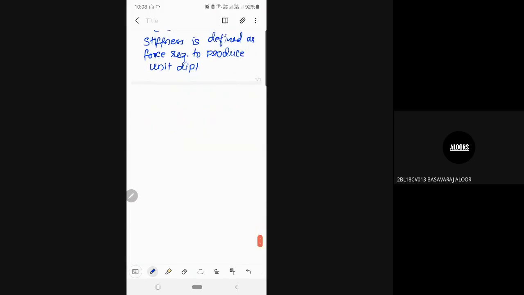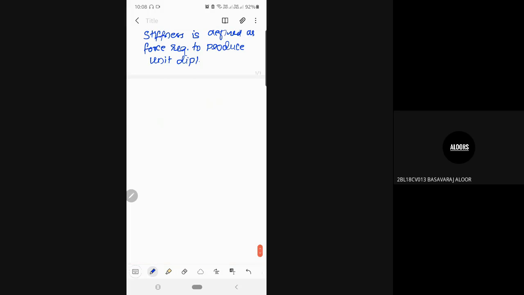So for example, if I take a cantilever beam AB and I apply a force P here, I will get a displacement delta.